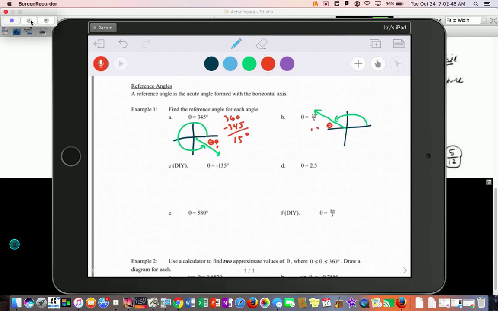Remember, this is 180 degrees over here. And 5 pi over 6 is the same as 150 degrees. So if you didn't make it to 180, you were 30 degrees short, or pi over 6 is the reference angle. So try the DIY, and let's see what you come up with.